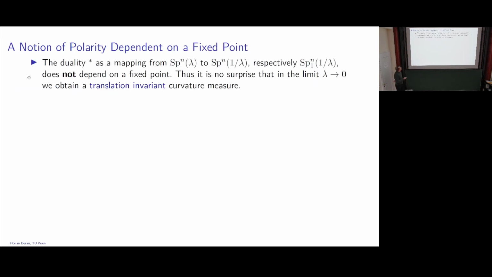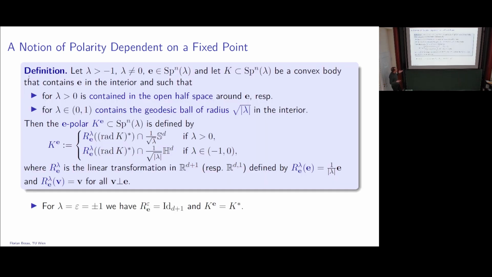So when we change our duality operator, when we scale our curvature of the ambient space, we have to do this in a, I don't know, maybe artificial way. It seems natural to us, but I cannot guarantee that this will be natural to everybody.